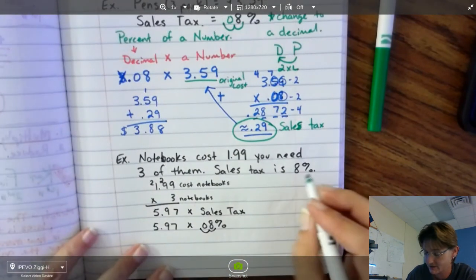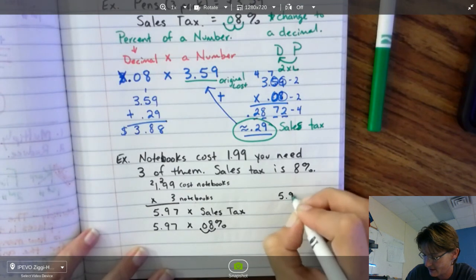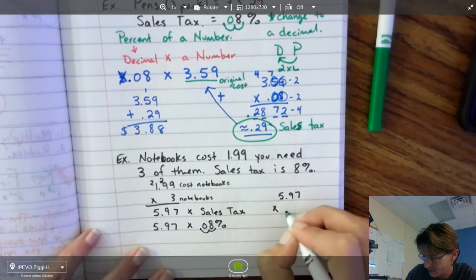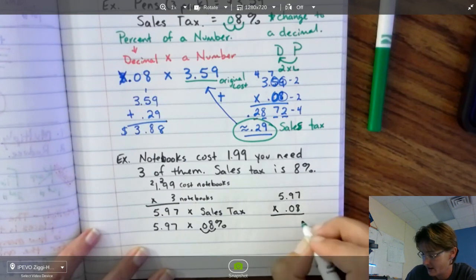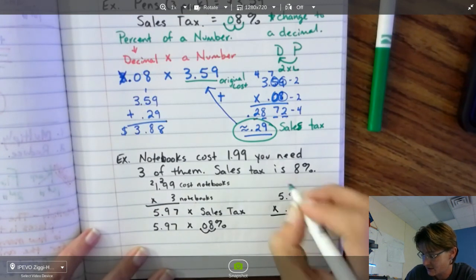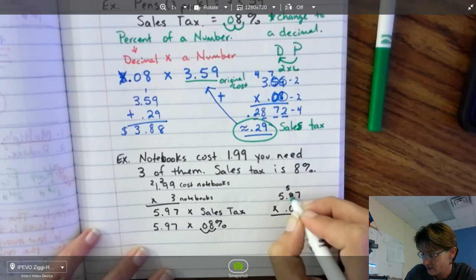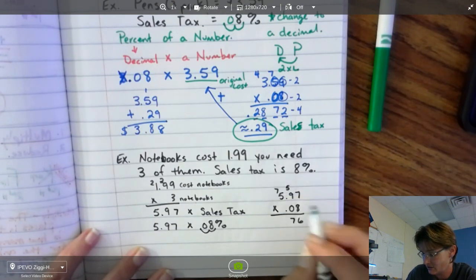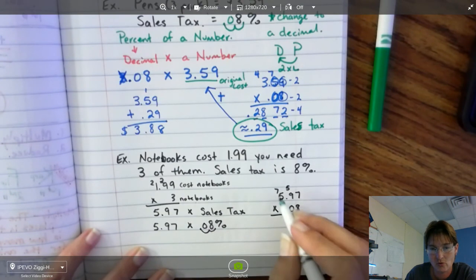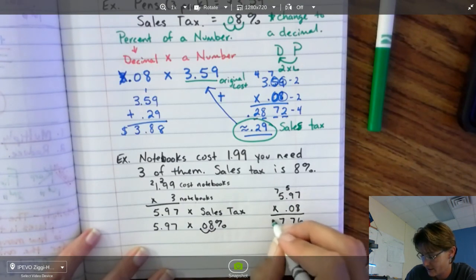We're going to come off to the side. We have 5.97 times 0.08. 7 times 8 is 56. 9 times 8 is 72, plus 5 is 77. 5 times 8 is 40, plus 7 is 47.